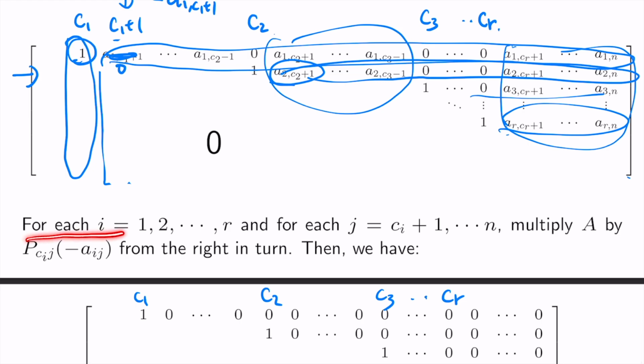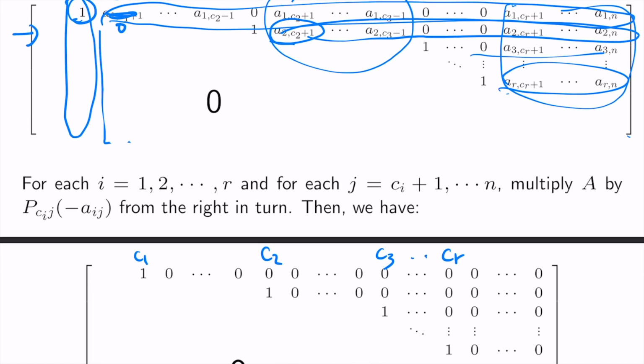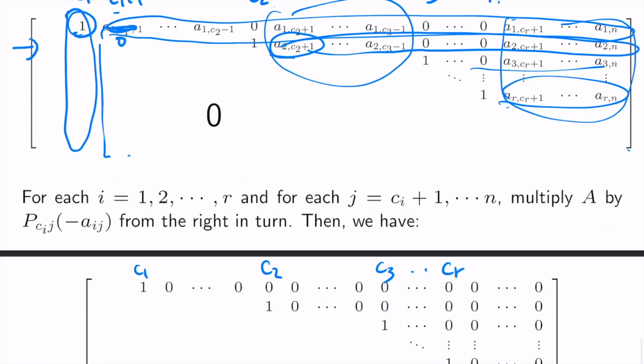For each i, so i is the row number, 1, 2, up to r, and for this given i, then for each j, Ci plus 1, and so on up to n, the last column, multiply this matrix by this elementary matrix P Ci,j of negative Aij, from the right in turn.